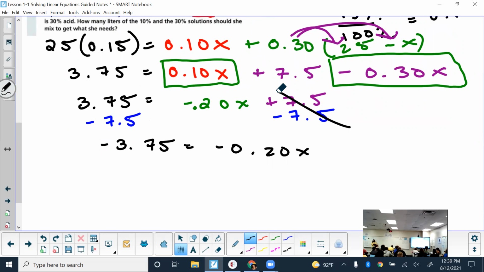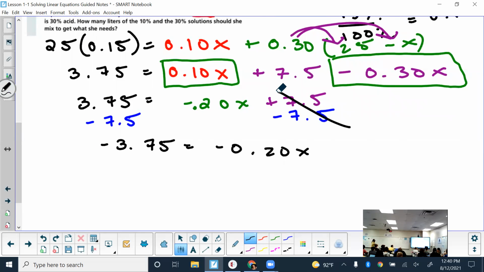Questions there? 3.75 minus 7.5 is what we did. So I think you actually put an extra thing, minus 7.5. So enter the whole thing.